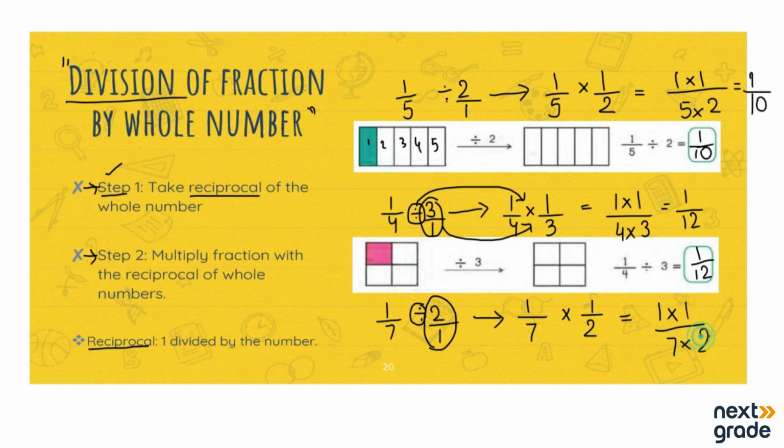1 times 1 is 1, and 7 times 2 is 14, and the answer is 1/14. Let's look at another example, in which I'm dividing 1/5 by 4.